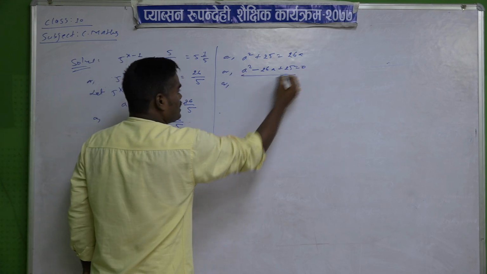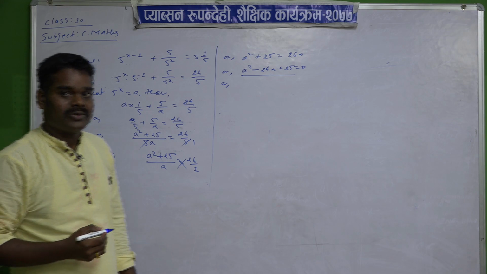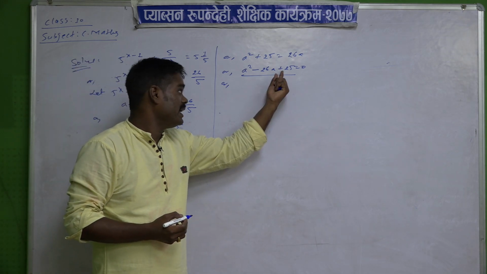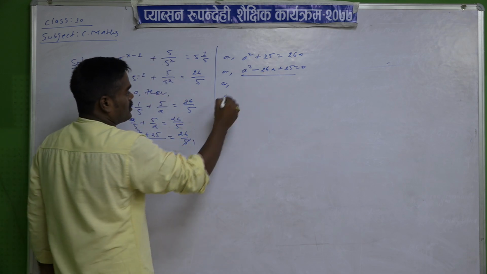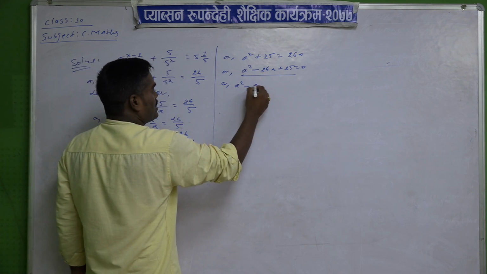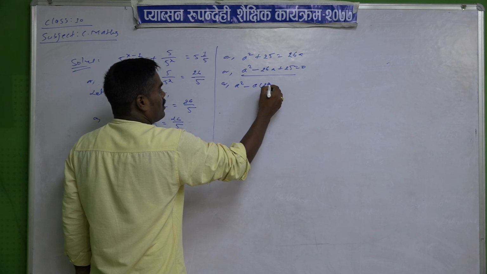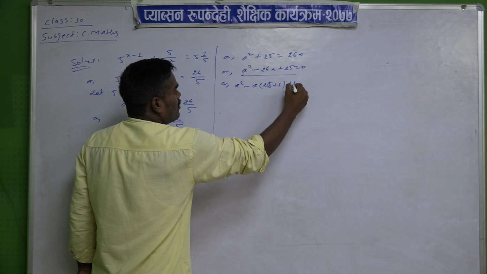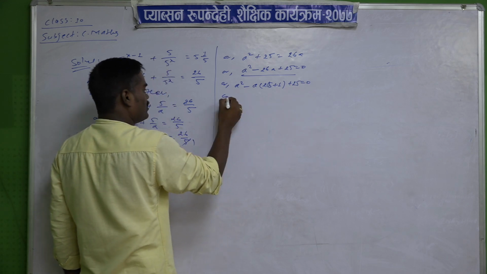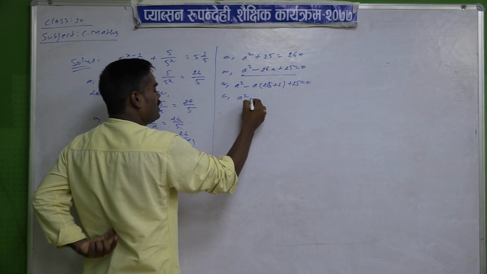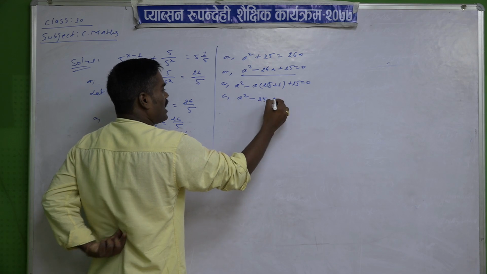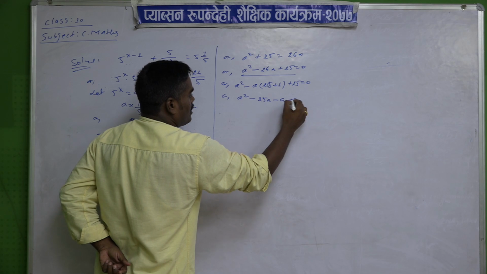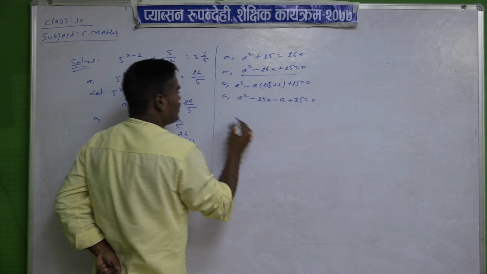Now we have to factorize this. 25 is 1 into 25, and 25 plus 1 is 26, by adding we get this. So, a square minus 25a minus a plus 25 equal to 0.